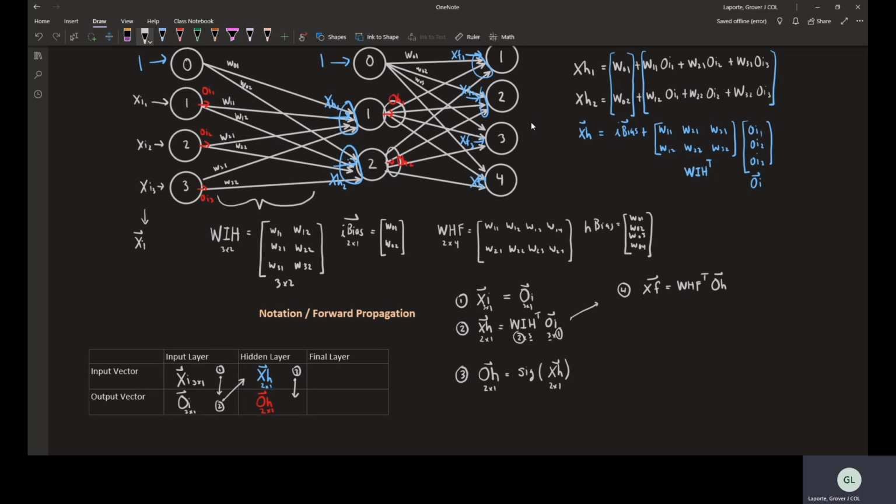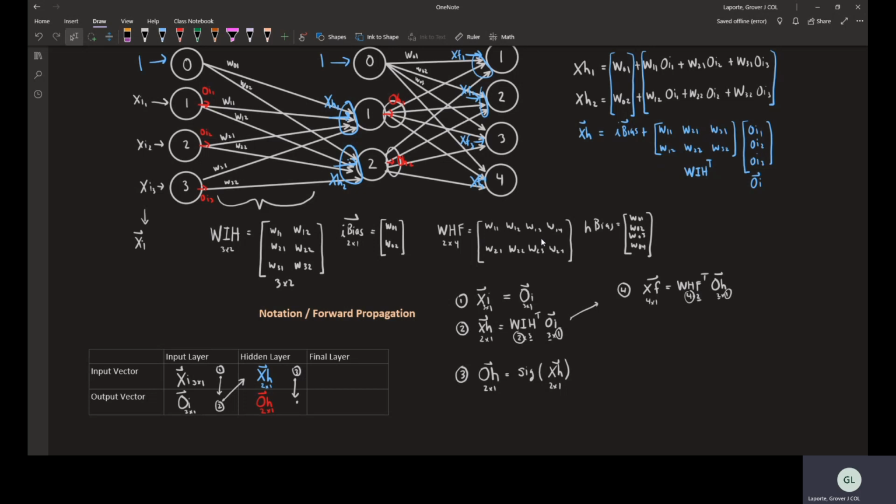All right, so where OH was a 2 by 1, WHF transpose, so remember what WHF was, WHF is a 2 by 4, the transpose of that would be a 4 by 2. So this will be a 4 by 2, and then these line up, which is good, and it leaves you with a 4 by 1, which is what we want, because that's how many nodes are in the final layer. So we got a 4 by 1 vector.